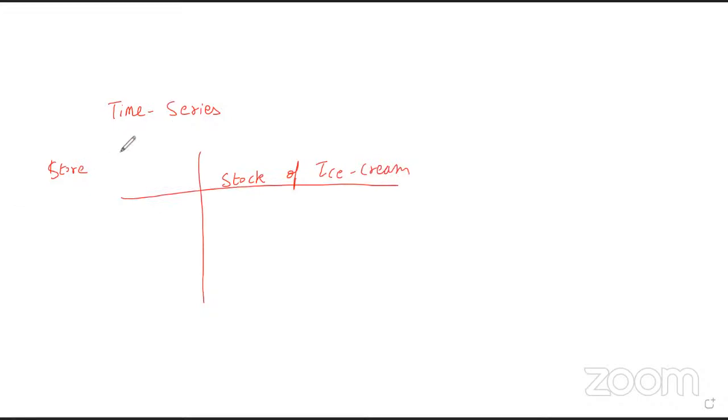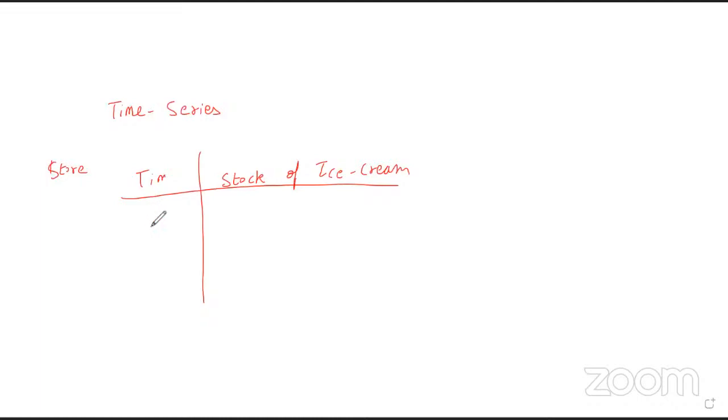See, what happens in time series data is we collect the data of, suppose, an ice cream parlor, talking about the stock of ice cream. Let's say this is time.